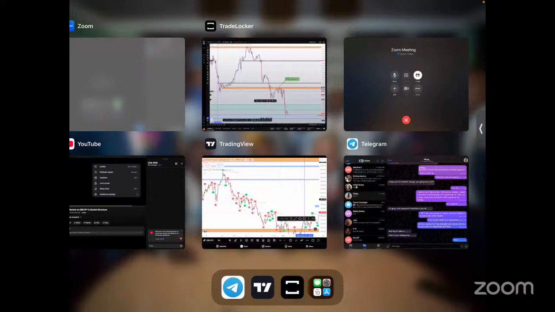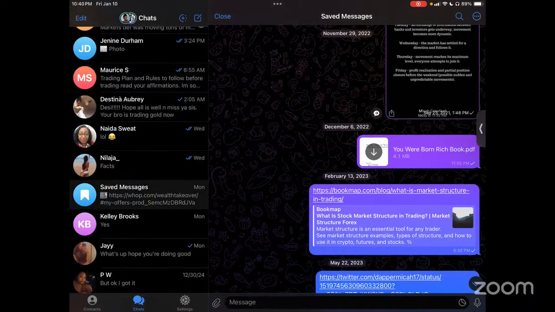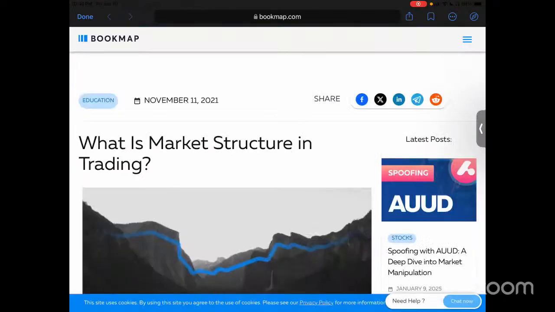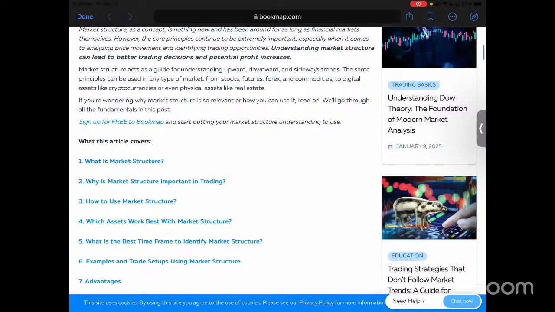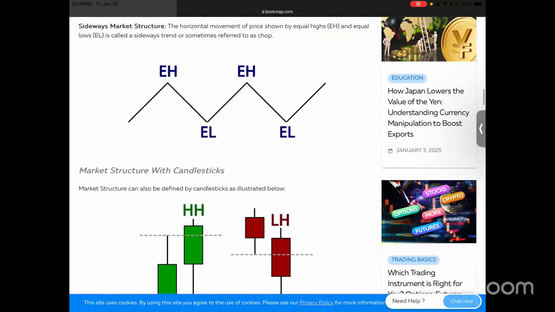Let's fill in the blank. If you need help, just say help. Okay, help. Consolidating. Yep, price is consolidating, but price is retesting previous highs, previous lows.